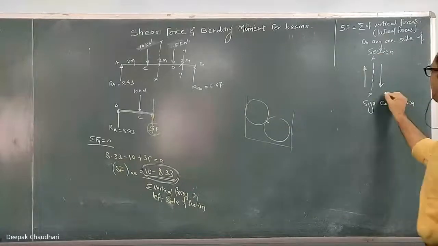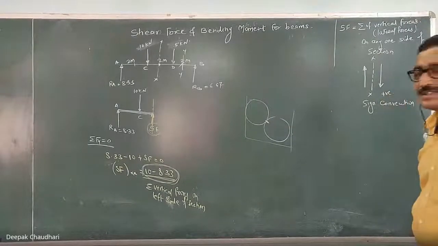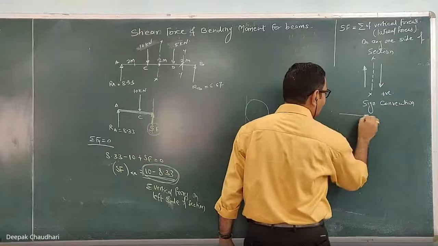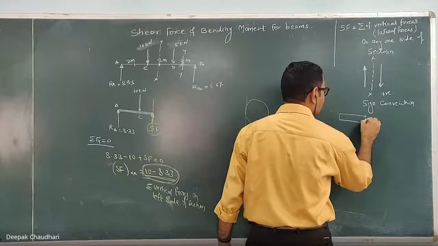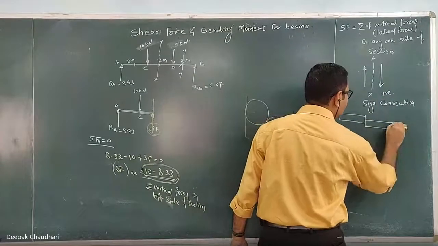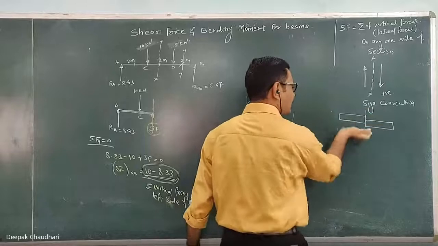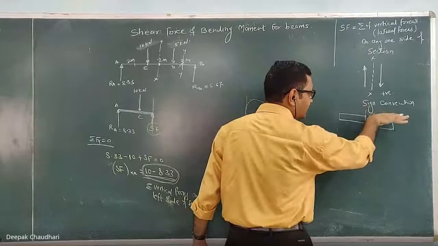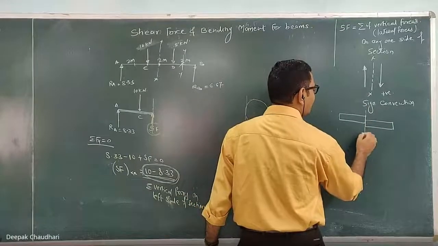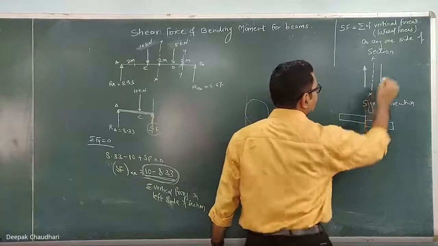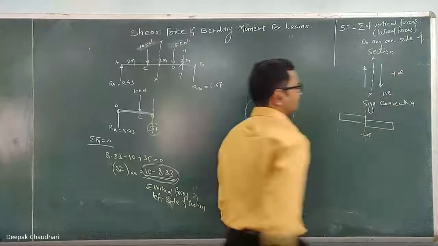Okay, so this is the positive shear force. It means the effect of the shear force is to shear the beam this way. On the left hand side upward and right hand side downward, so this shear force can be considered a positive shear.